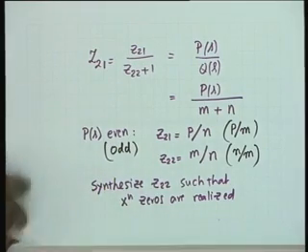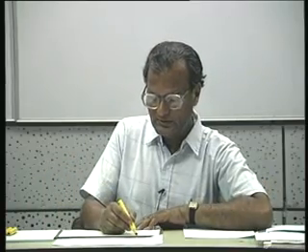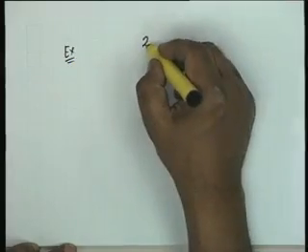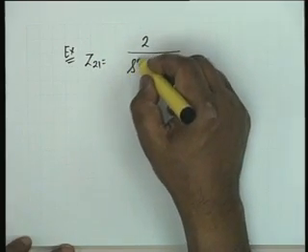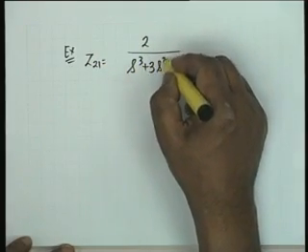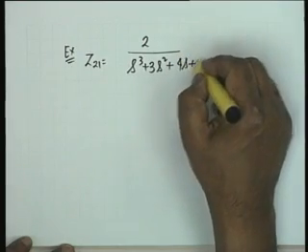All right, and we started illustrating this by means of an example. The first example that we took was Z21 equal to 2 divided by s cubed plus 3s squared plus 4s plus 2.